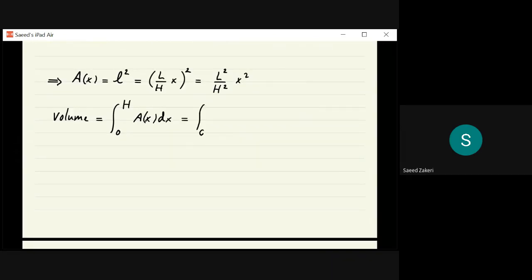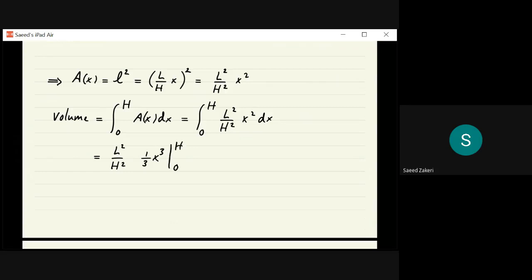Since I have a formula for the cross-sectional area function, I can plug it in: L squared over h squared x squared dx. This is a simple integral in that I can take this constant outside, and essentially I'm integrating x squared. So that's L squared over h squared, and the antiderivative of x squared is 1/3 x cubed, evaluated at h and then 0.